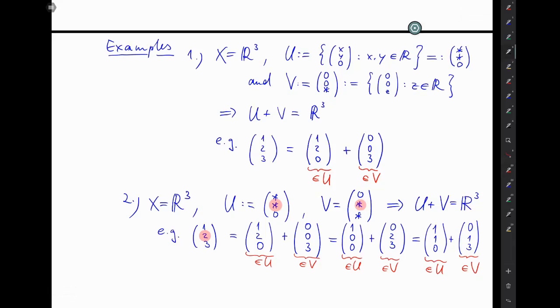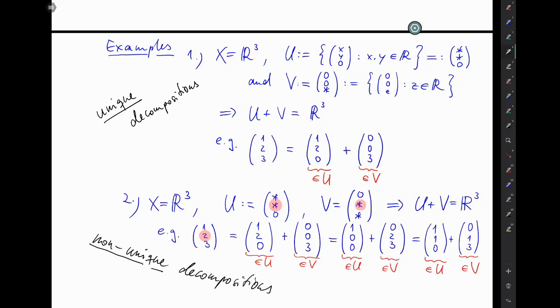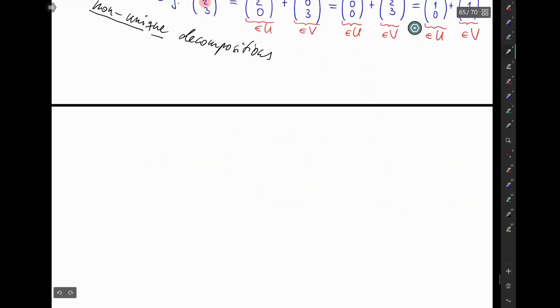So we can summarize that in example 1, every vector of R3 has a unique decomposition into a vector from U plus a vector from V. Whereas in example 2, such decompositions are always non-unique. Now this leads us to the next definition.